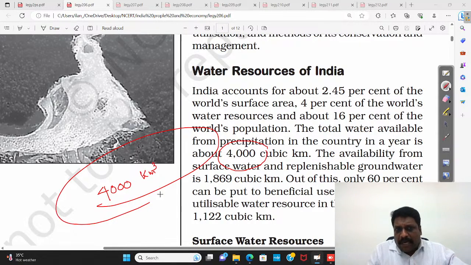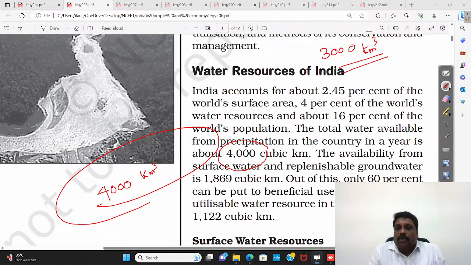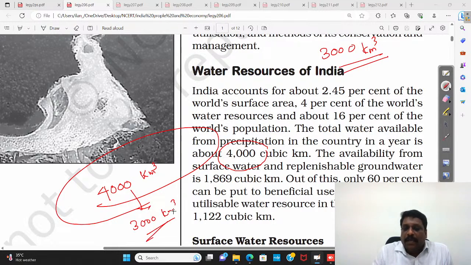They say the demand of water for entire India is only somewhere around 3,000 cubic kilometer of water. If that is the case, my dear friends, what we get is 4,000 and what we need is only 3,000. Somewhere it appears that we have a water surplus in nature, but actually it is not.